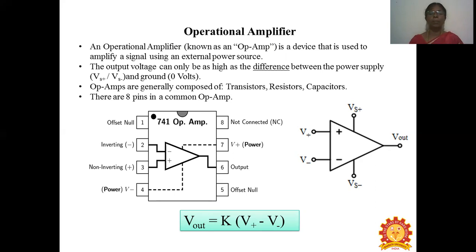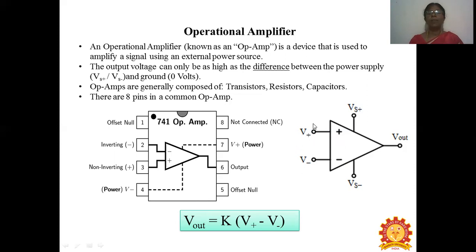Pin number 4 is used for minus VCC and pin number 7 is used for positive VCC voltage. We take the output voltage from pin number 6, and pin number 8 has no connection.